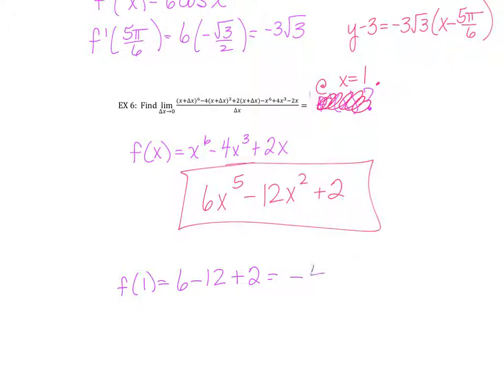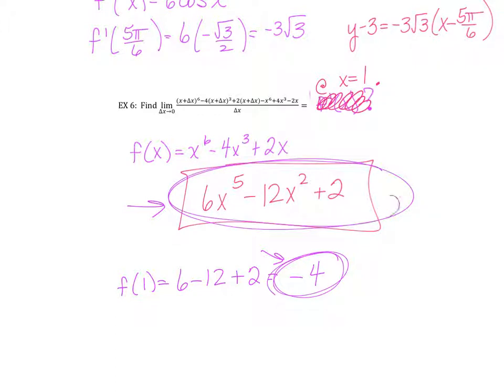So 8 minus 12, that would be negative 4. So you just have to be able to read the question, whether your answer is an equation or if they give you a value for x, they want the derivative at that specific point. All right, good luck.